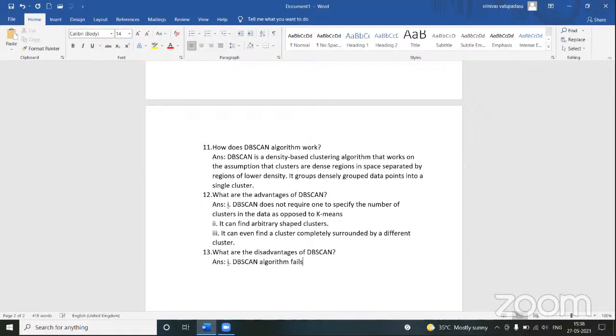The DBSCAN algorithm fails in case of varying density clusters.